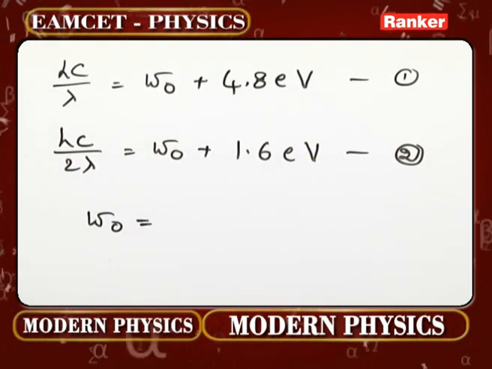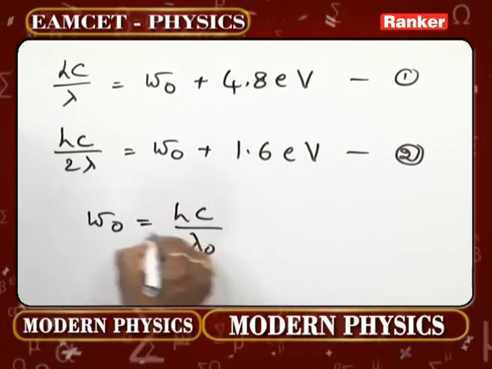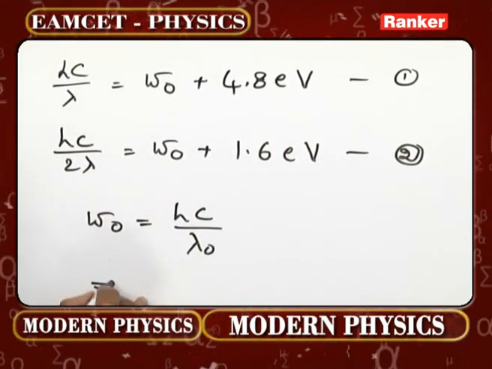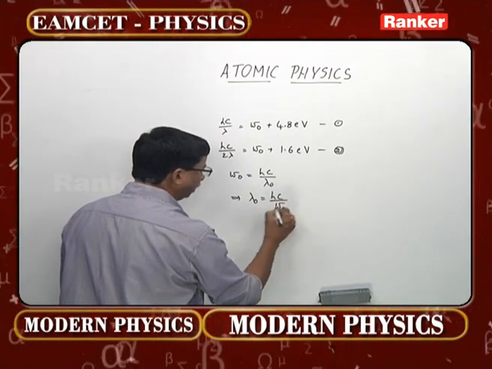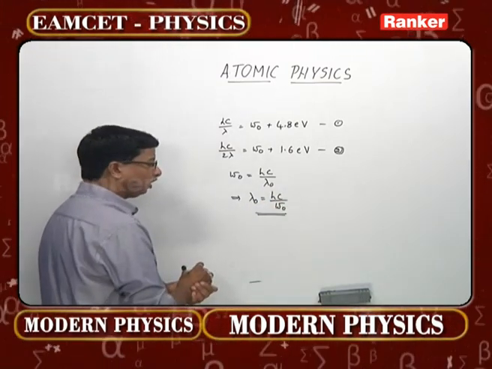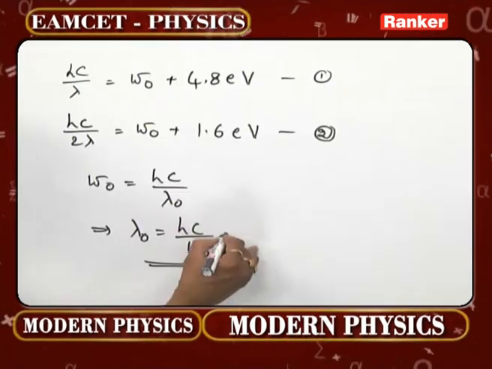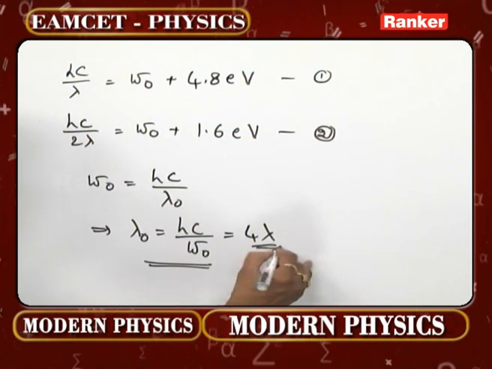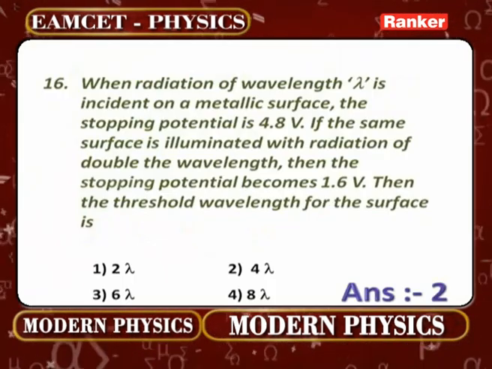He is asking for the threshold wavelength. hc by lambda naught you will get. After getting that, lambda naught is equal to hc by W naught. If you simplify this whole lot, you will be getting that lambda naught is exactly 4 times lambda. So the correct option in this particular case is the second option.